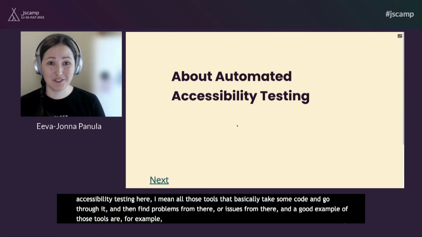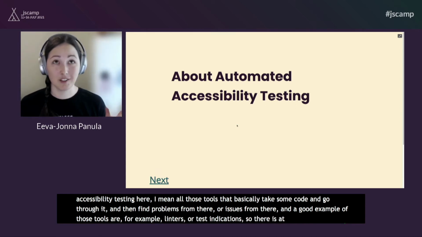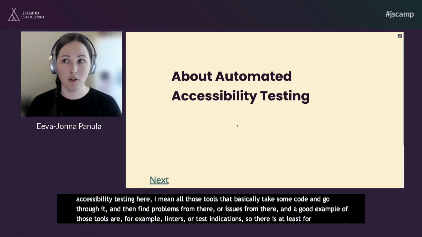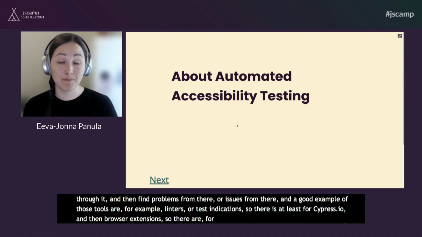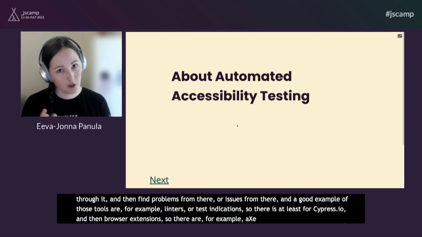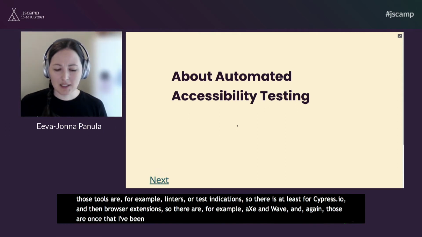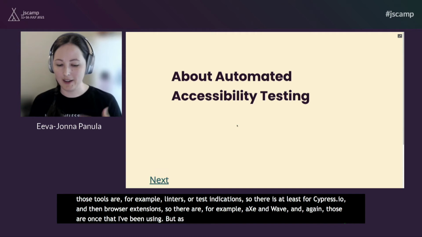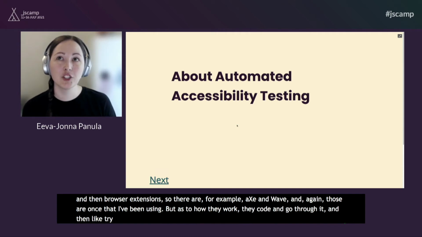There are at least ones for Cypress.io and Jest, which are the ones I've been using at some point. And then browser extensions. So there are, for example, Axe from Deque and Wave from WebAIM. And again, those are ones that I've been using. How they work is that they take code and go through it and then try to find problems or issues from there.